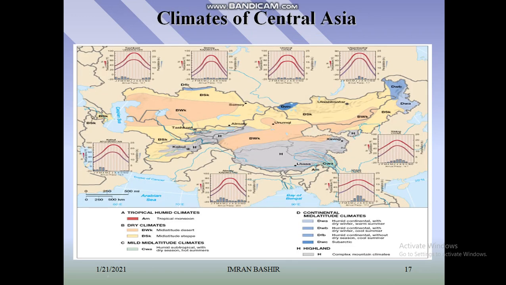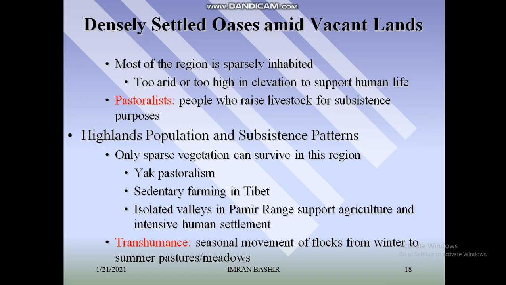Climate of Central Asia. Densely settled oases and vacant lands. Most of the region is sparsely inhabited, too arid or too high in elevation to support human life. Pastoralist people raise livestock for subsistence purposes. Highland population and subsistence pattern: only sparse vegetation can survive in this region.